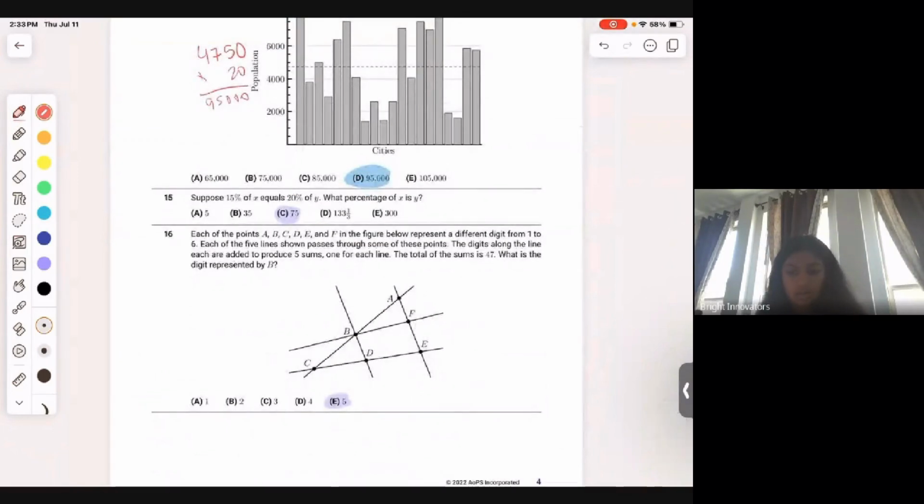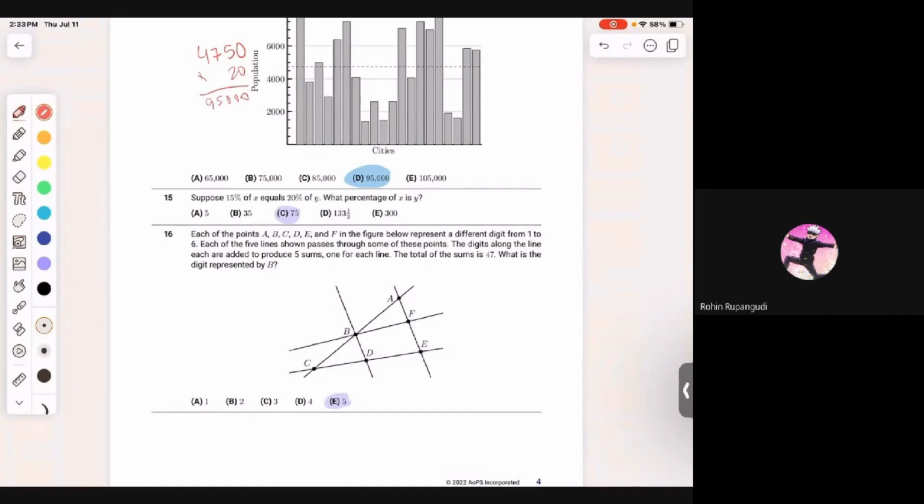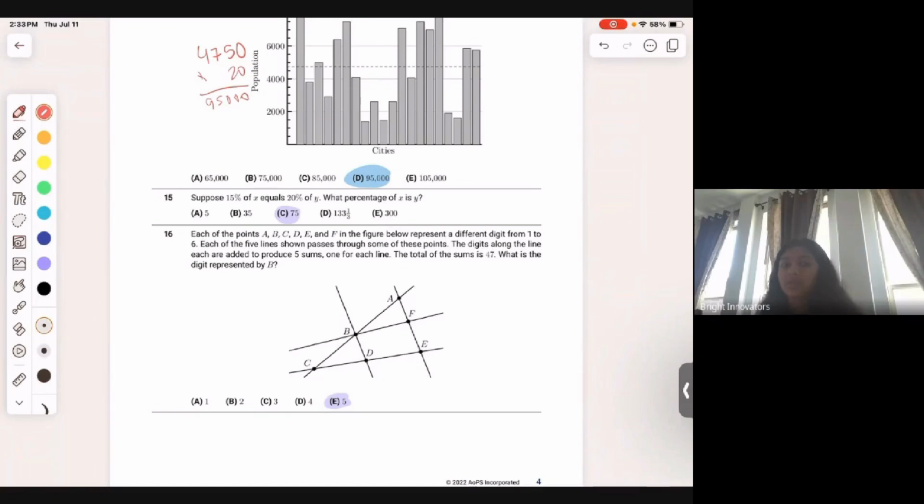15. Advika was supposed to explain that one, but she's not here, so Rohan, do you want to explain that one? I don't really understand it that much. Kind of guessed. Okay. Vivon.